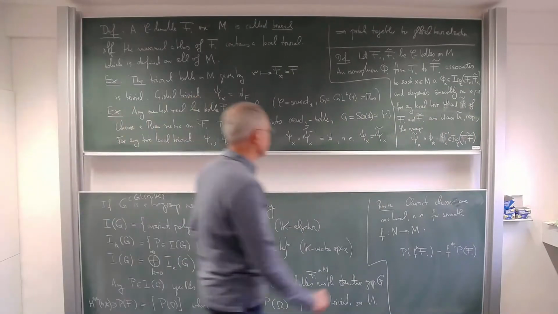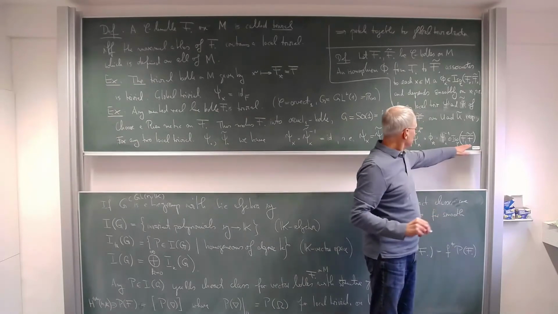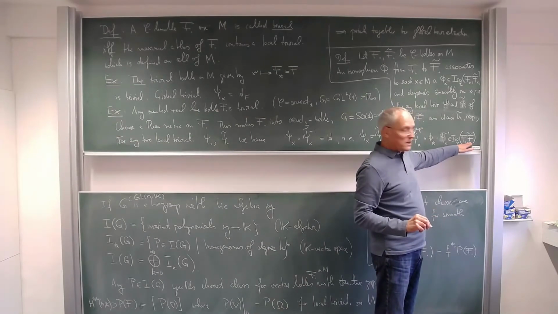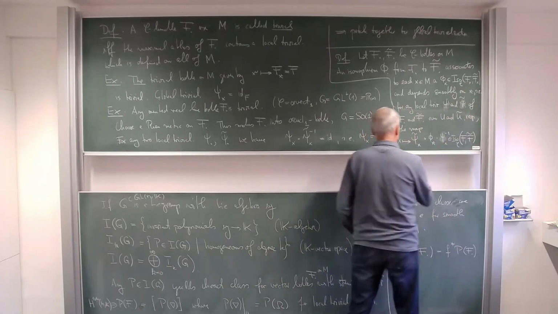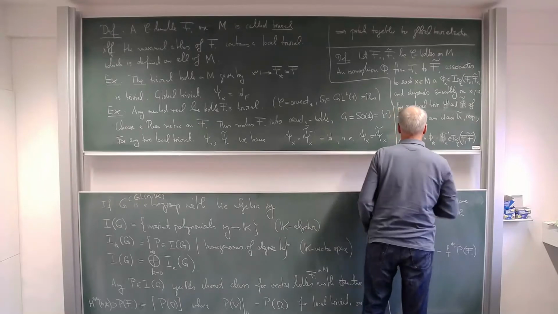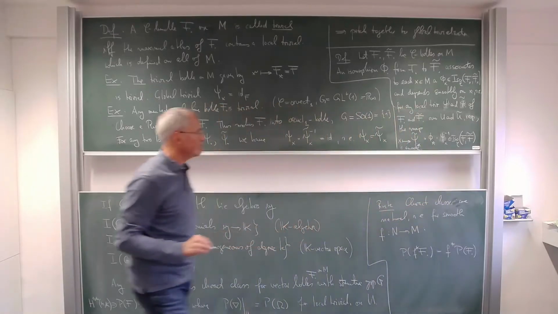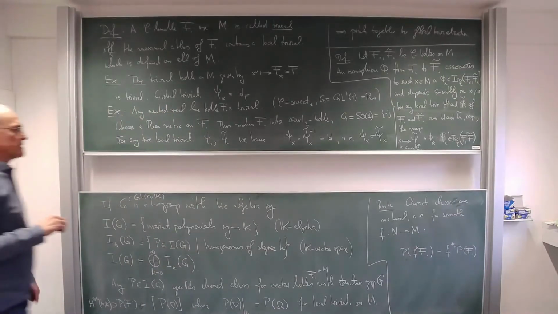And this map sends x to something which does not depend on x anymore, in contrast to this one. So this map is smooth. So that's what it means.